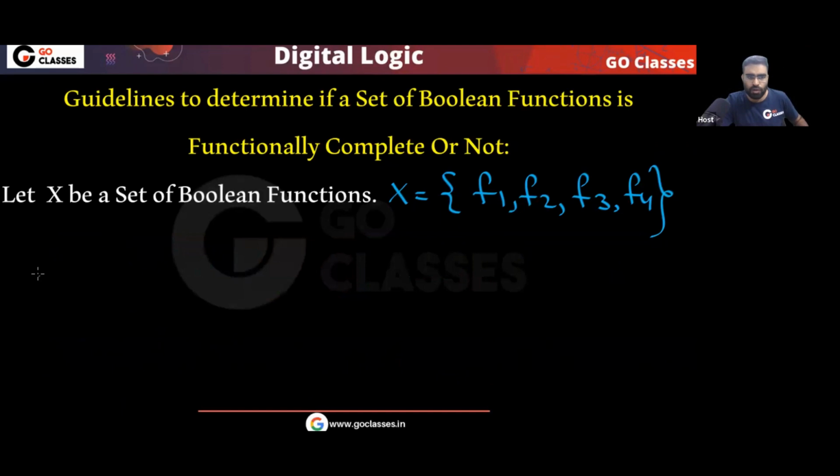Okay, and what is the sixth one? If none of these guidelines work, else, remember, else you have to create NOT comma OR. Or you can say else create NOT comma AND. So this is the simple point.